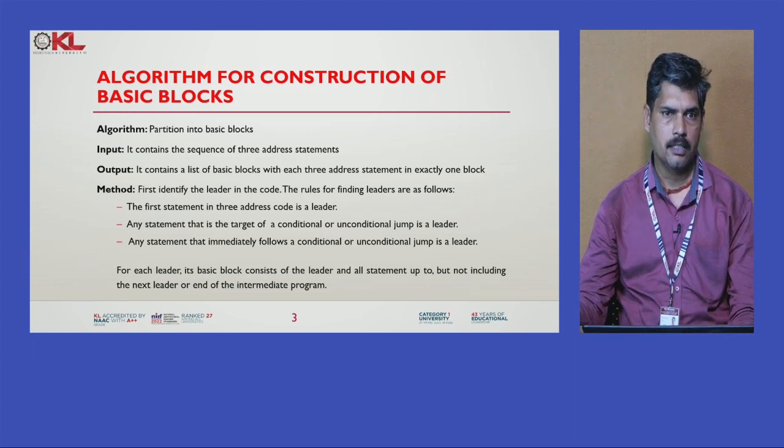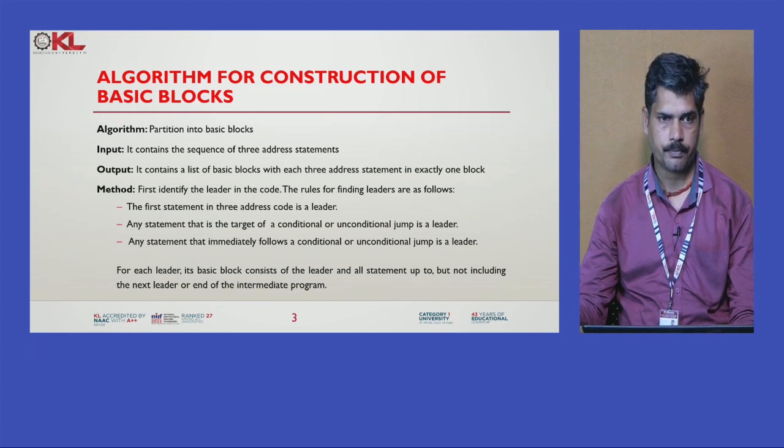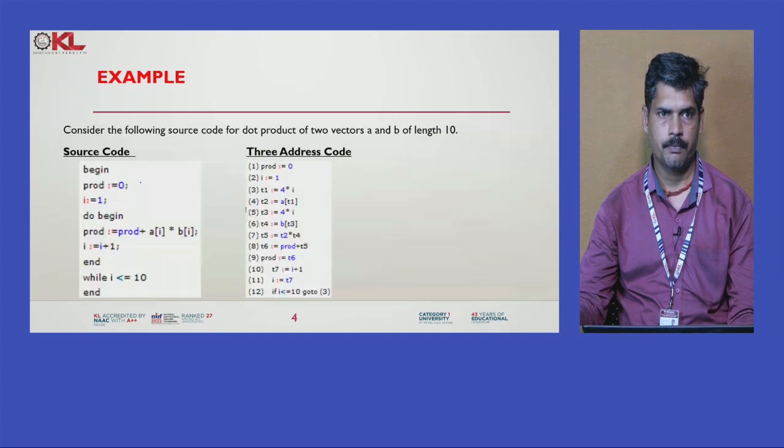Any statement that immediately follows a conditional or unconditional jump is a leader. For each leader, its basic block consists of the leader and all statements up to but not including the next leader or the end of the intermediate program.